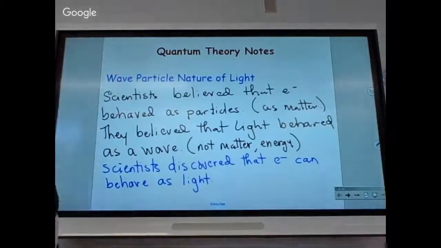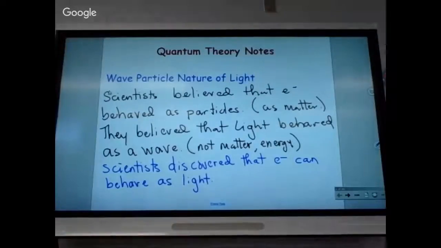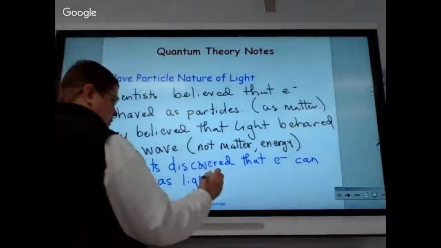Now, think about this. How can electrons behave as light? Electrons are matter. So how can electrons behave as energy? Well, if electrons can behave as energy, can light behave as a particle? That's their theory, okay?